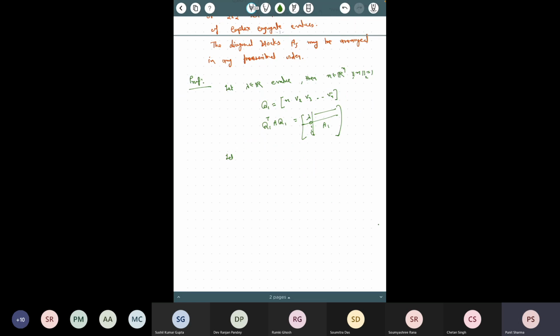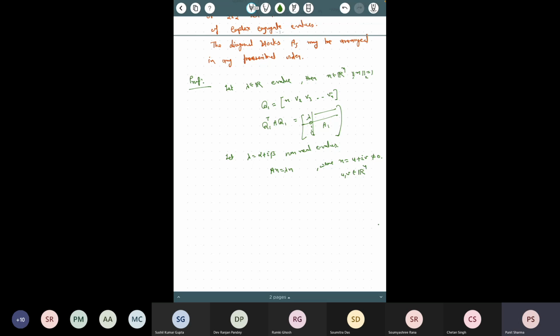Now suppose lambda is a complex eigenvalue of this form, a non-real eigenvalue. That means beta, the imaginary part, is non-zero. Then Ax equals lambda x, and suppose that x is the eigenvector corresponding to this lambda, where x will have the form u plus iv. It's a non-zero vector where u and v both are real vectors. So this x we can write in this way.